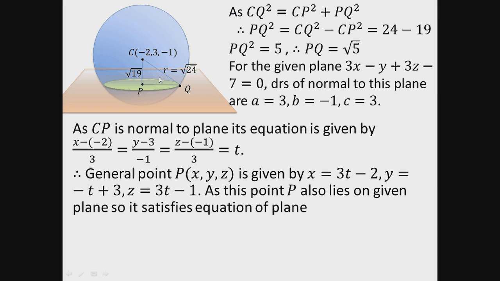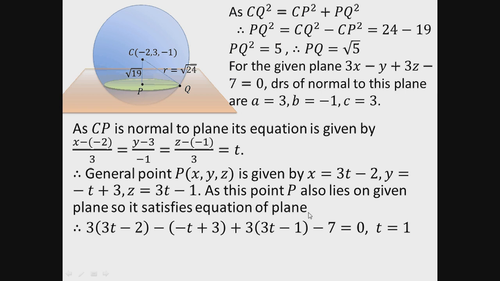Now the speciality of this point P is that it is on the line as well as on the plane, so it satisfies the equation of the plane. Put these coordinates into the equation of the plane. So we get 3 into 3t minus 2 minus t plus 3 plus 3 into 3t minus 1 minus 7 equal to 0.